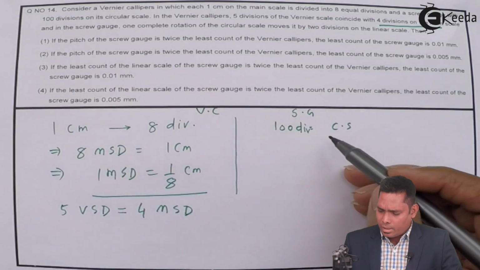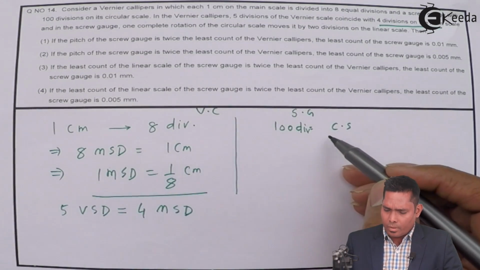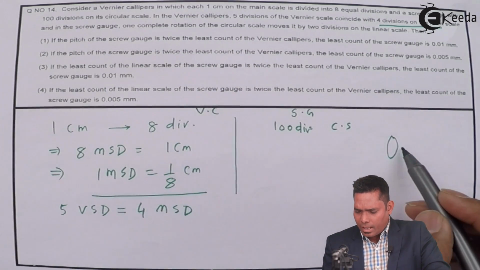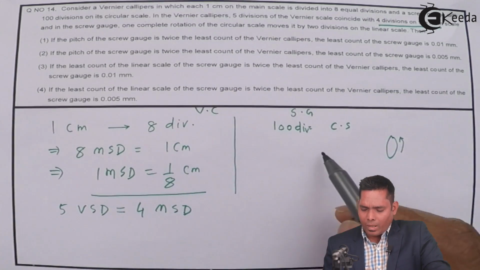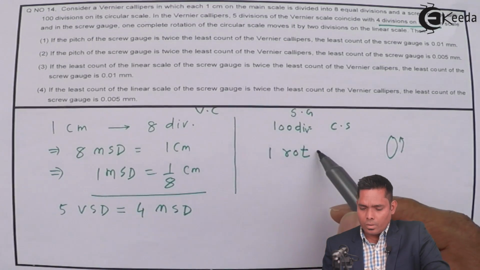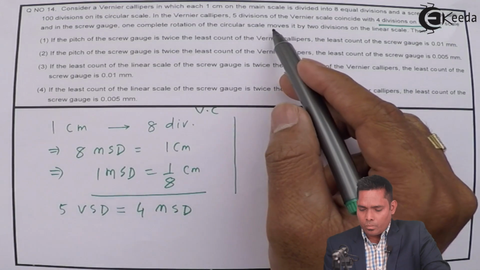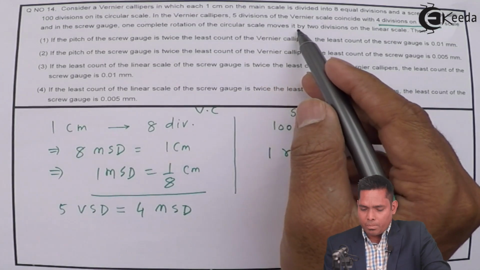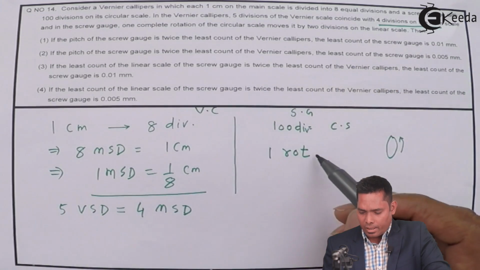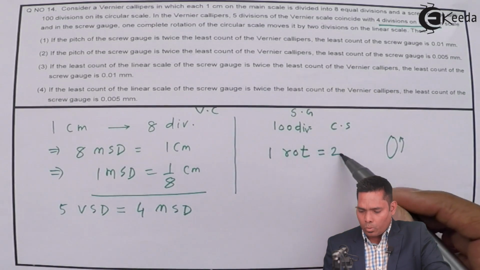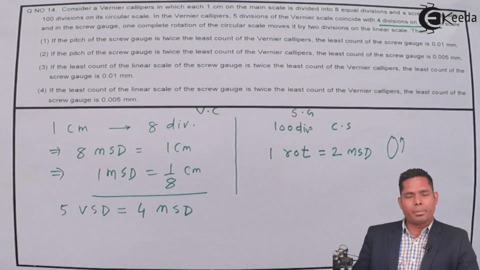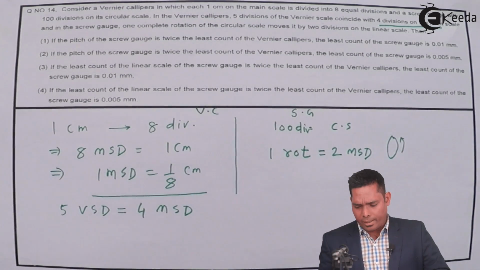And in the screw gauge, 1 complete rotation of the circular scale moves it by 2 divisions on the linear scale. This corresponds to 2 main scale divisions, where the main scale division corresponds to the linear scale.